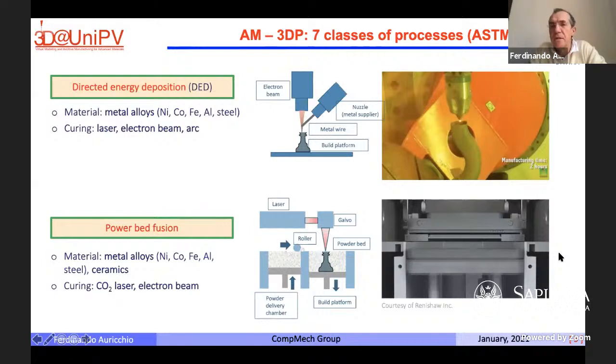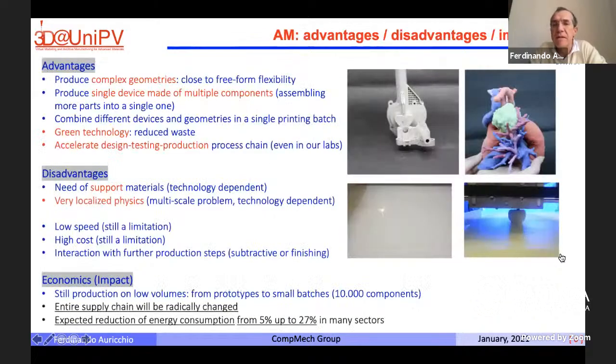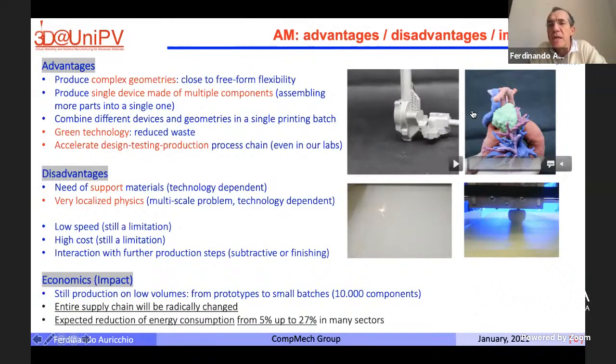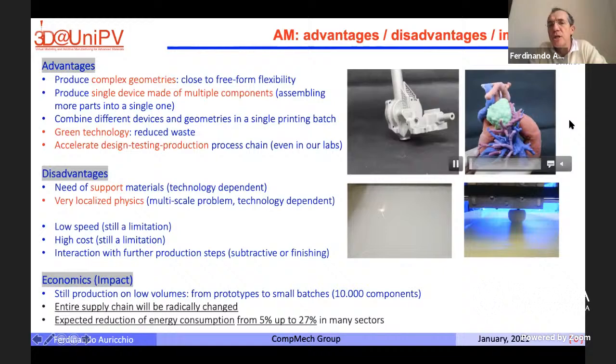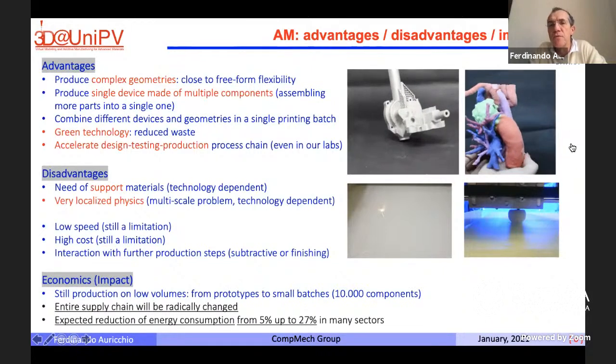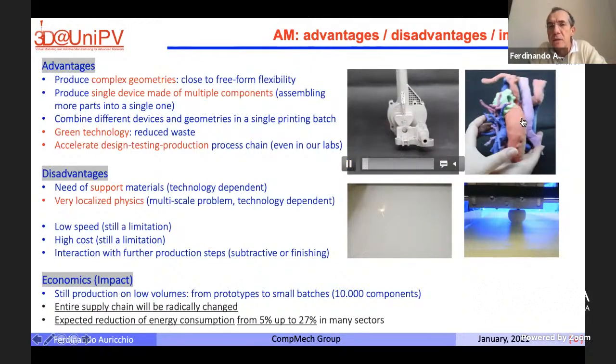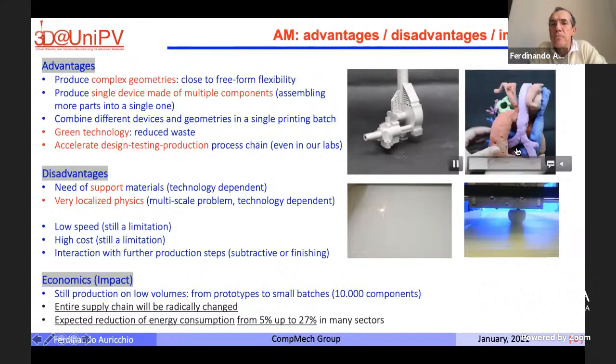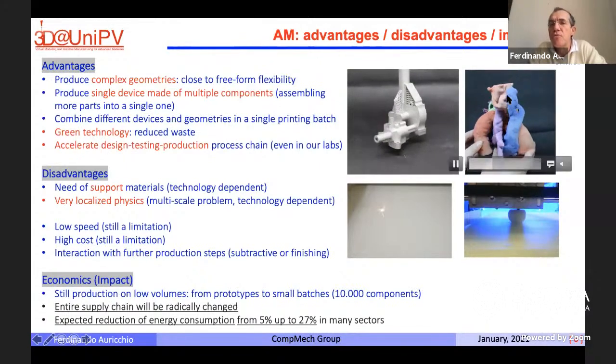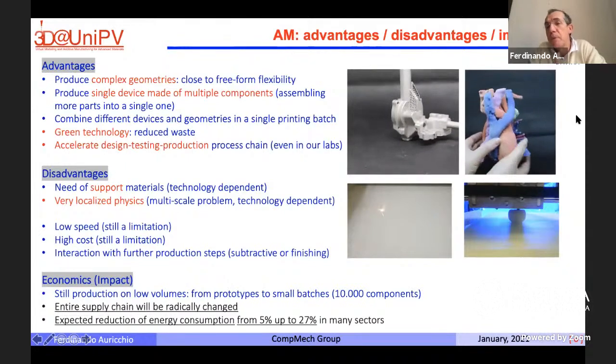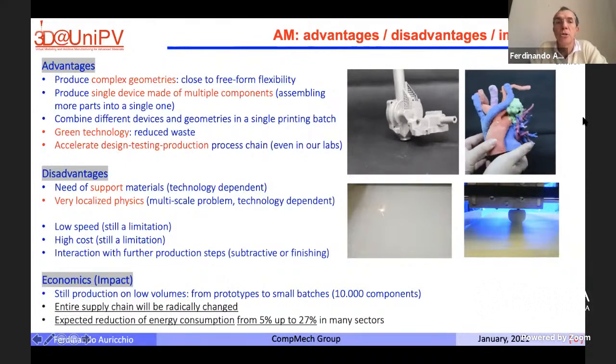So many different technologies, which is one of the big advantages. With these technologies there is a new world of opportunity from the manufacturing point of view, because you can produce objects which are very, very complex in terms of geometry, like the one I'm showing on the top right of the slide, which are really impossible to produce with other technologies.